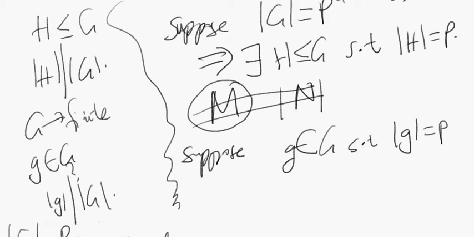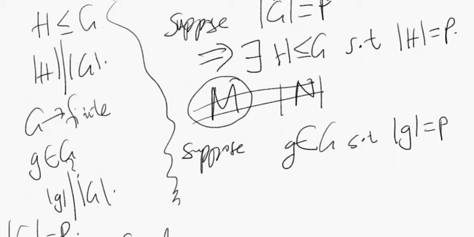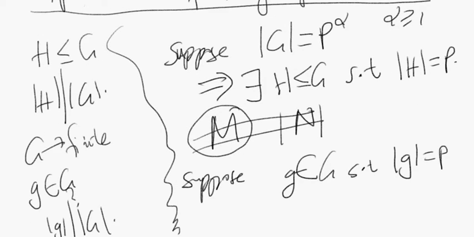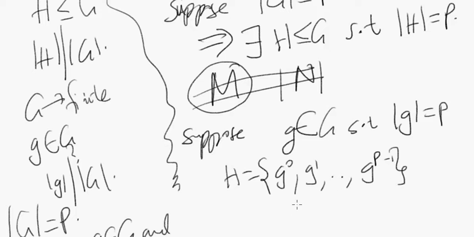Would that be enough for us to conclude that there is a subgroup of G that has order p? That is, would the set H equal to G to the 0, G to the 1, all the way up to G to the P minus 1 be a subgroup of G?